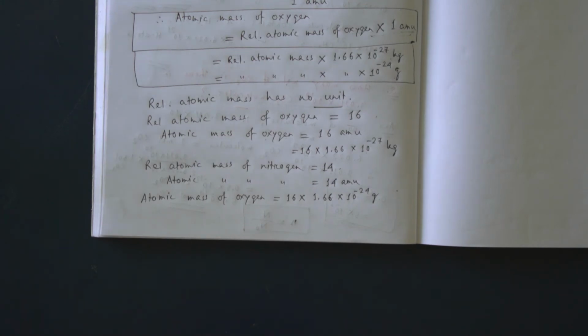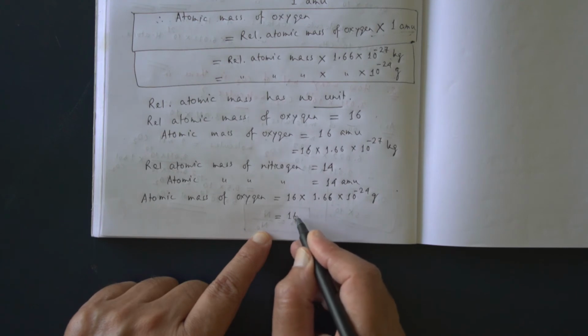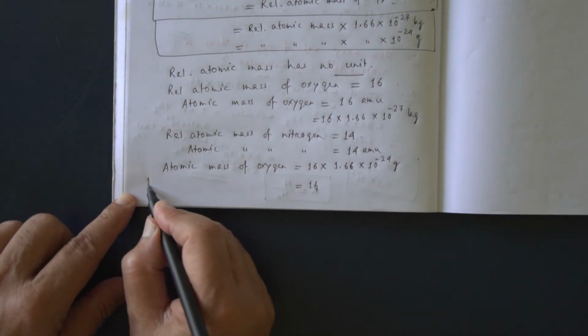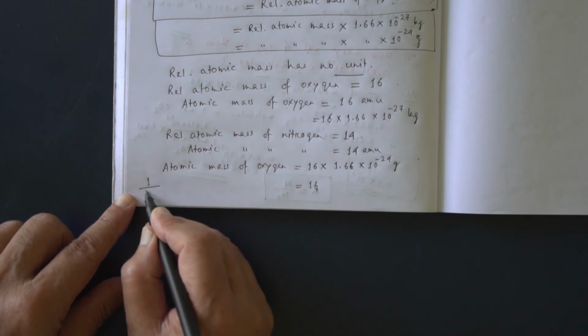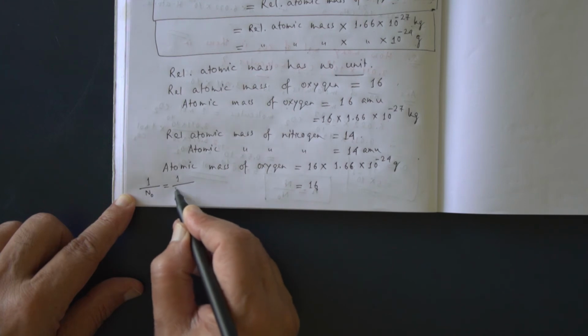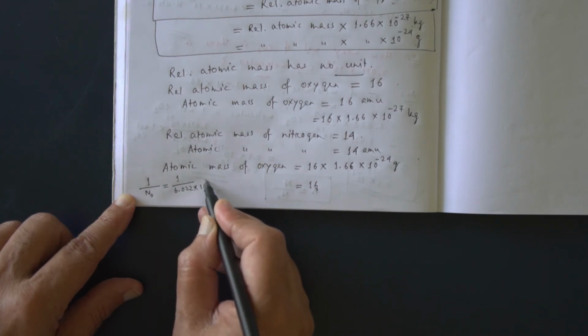Now if you do this sum, 1 divided by Avogadro number is equal to 1 divided by 6.022 into 10 to the power 23.